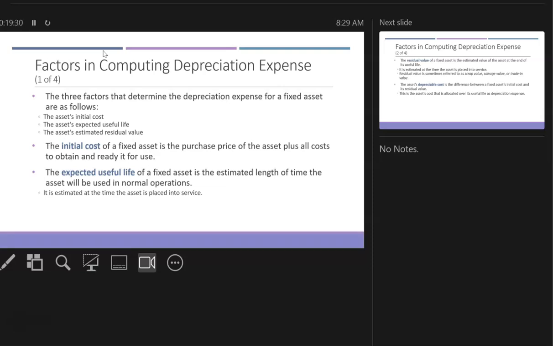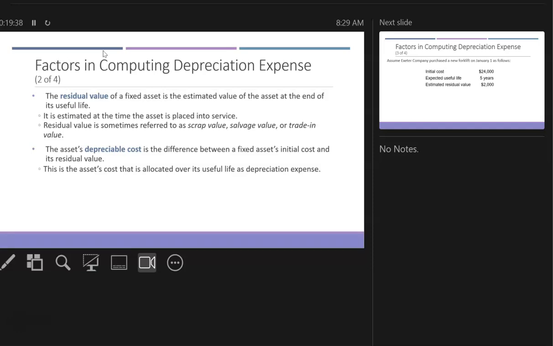Guys, all of this is an estimate though, because we don't really know how long it's going to last, but we estimate it accordingly. The residual or salvage value of an asset is the estimated value of the asset at the end of its useful life. It's estimated at the time the asset is placed in service.